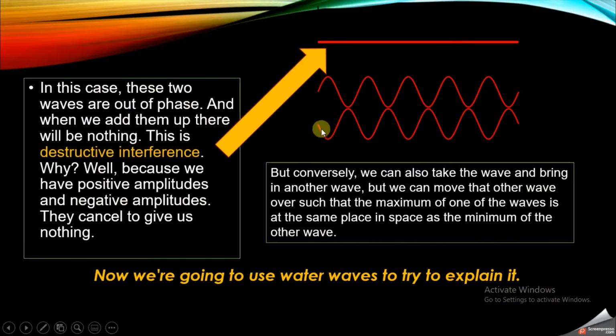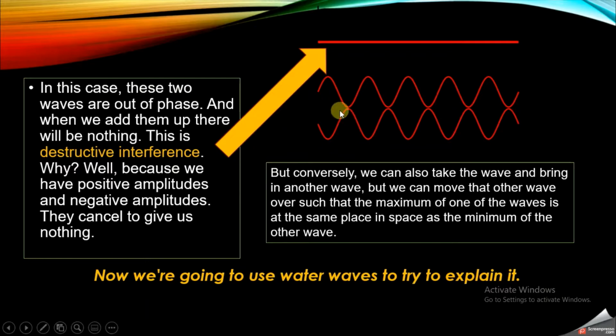Now what happens if we have the first wave and we place the other wave in such a way that the crest and the trough overlap? They are in the same space, but the crest is overlapping with the trough of the first wave. In that scenario, these two waves will interact and cancel out each other.